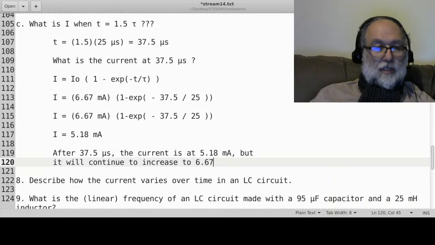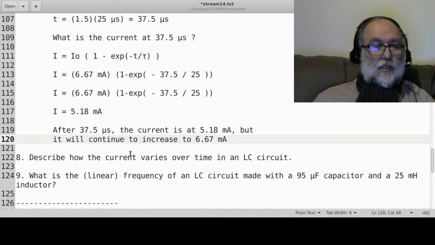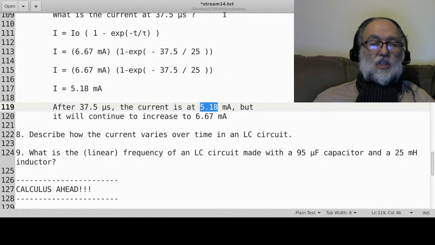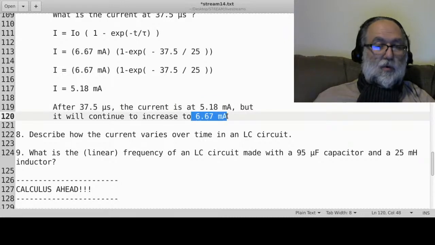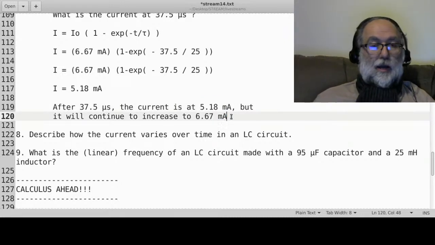To 6.67 milliamps. So we're not quite there yet. After 37.5 microseconds, we've reached 5.18 milliamps, but we can still grow a little bit more. We can grow up to 6.67 milliamps, but you can't go any higher than that. Okay, so there you go. There's that question for an LR circuit.